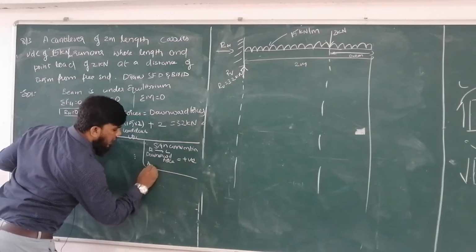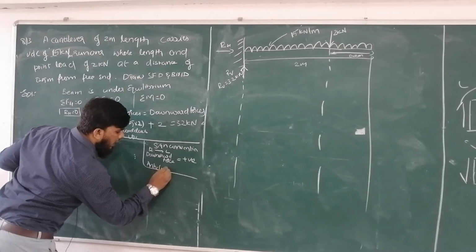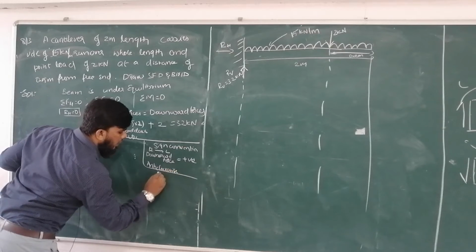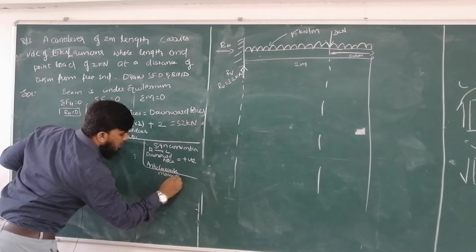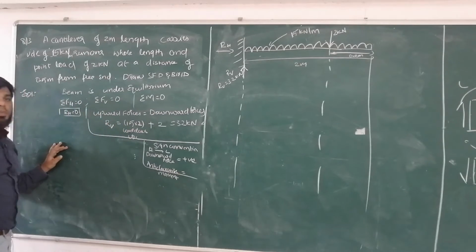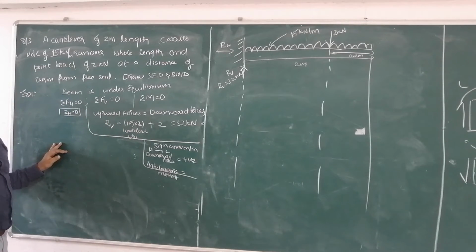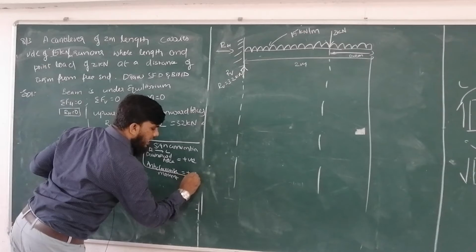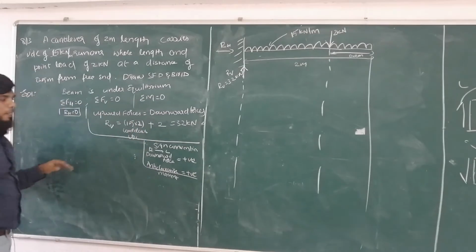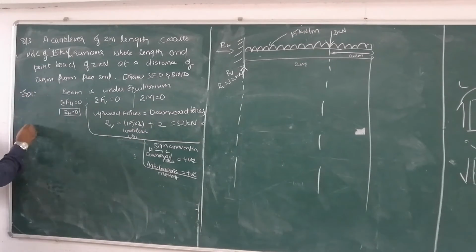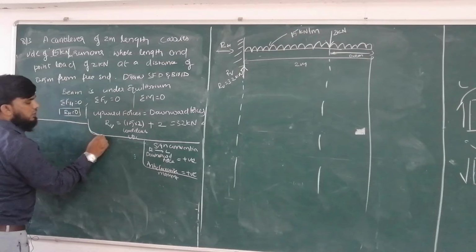Next, anti-clockwise movement, which some people call counter-clockwise (CCW), both are the same, should be considered as positive. Done. Next we will solve for the shear force diagram.